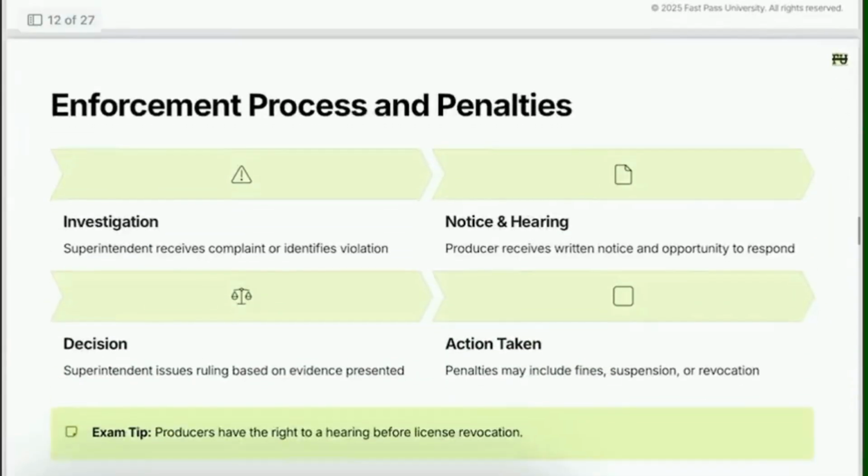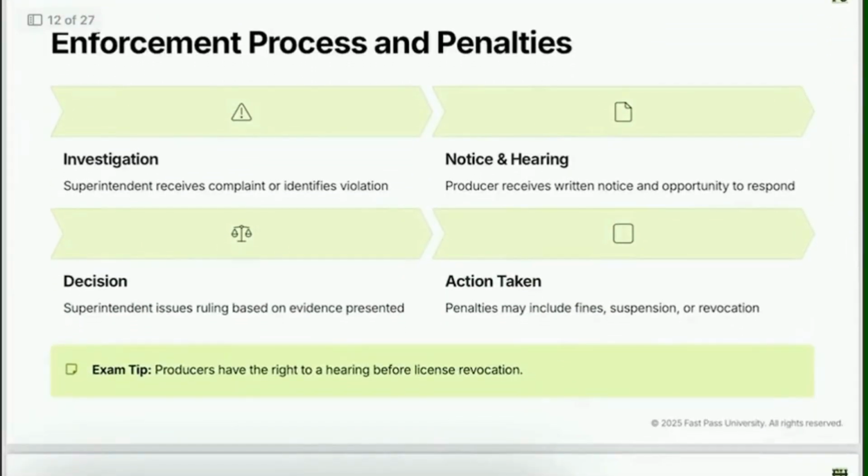Okay, enforcement process and penalties. So, it's kind of how that timeline would go. If the superintendent receives a complaint or identifies a violation, suspects that something's going on, they would begin an investigation, and then they would send out a notice and a hearing date, and the producer receives a written notice and an opportunity to respond.